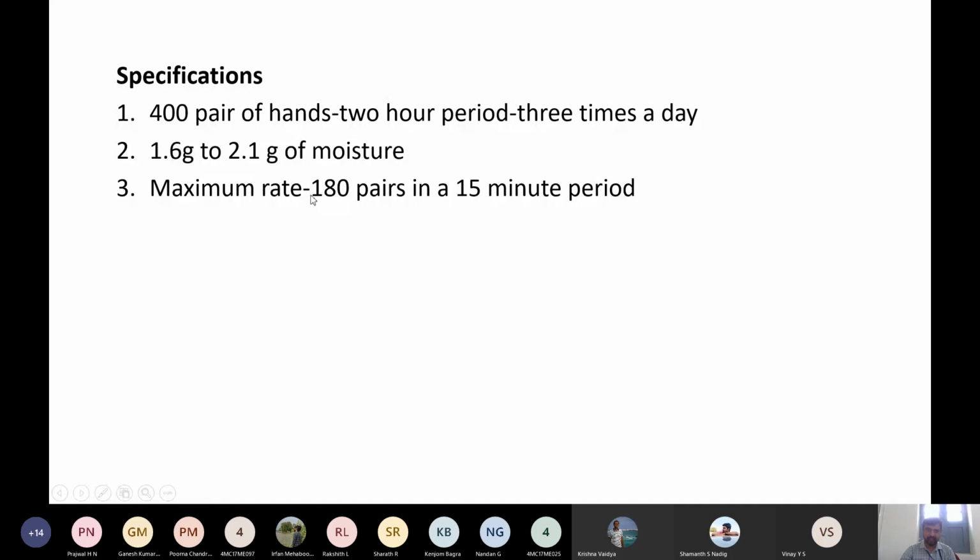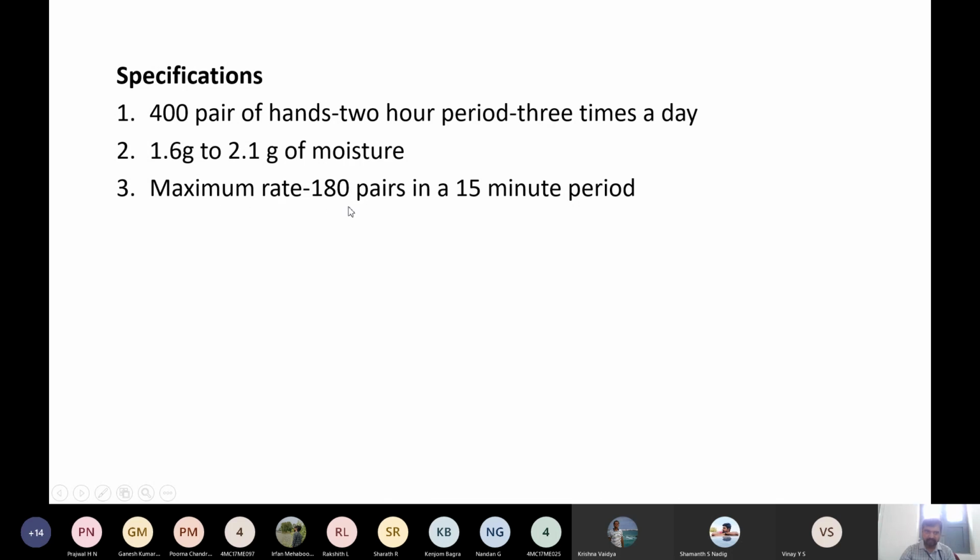Next, maximum rate. So 180 pairs in a 15-minute period. Even though the breakfast or lunch hour is distributed over 2 hours, there will be a peak time at which most of the students come to the dining hall. You need to get information about that also.